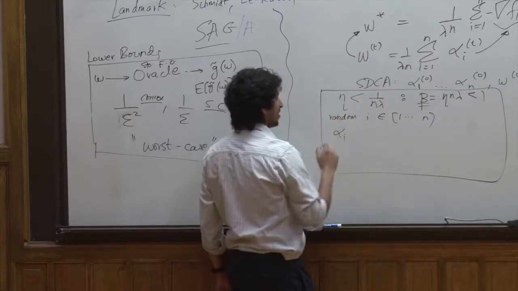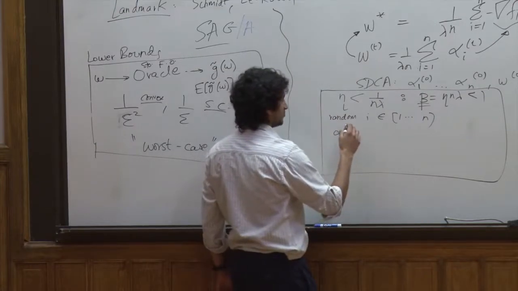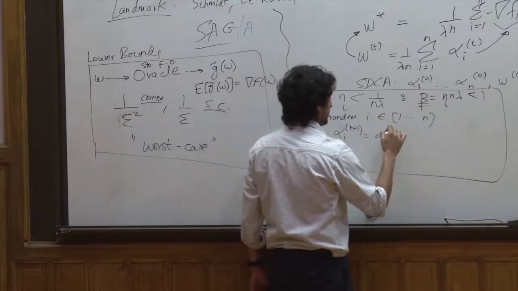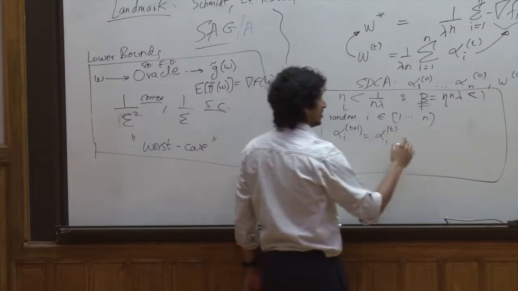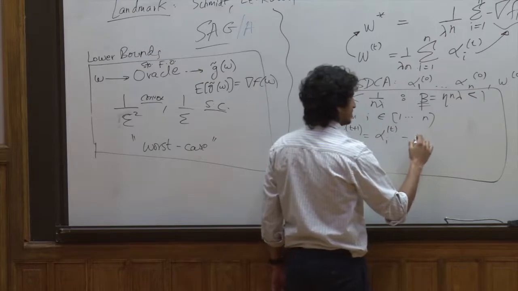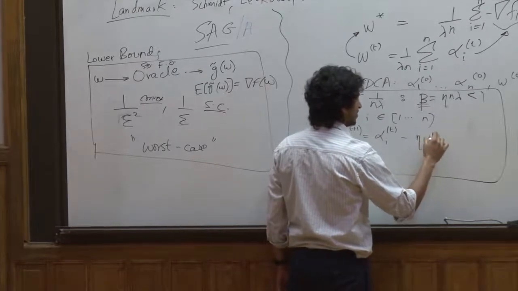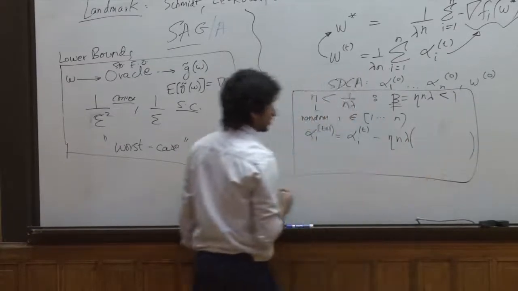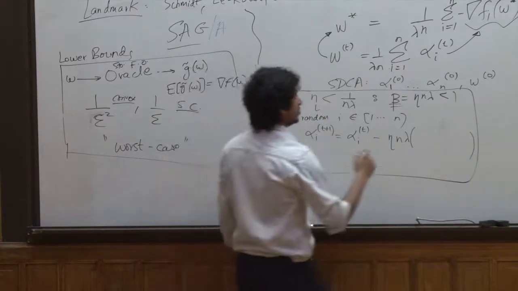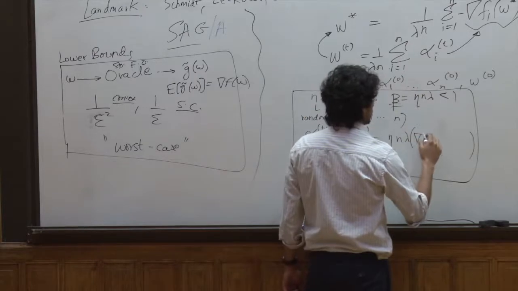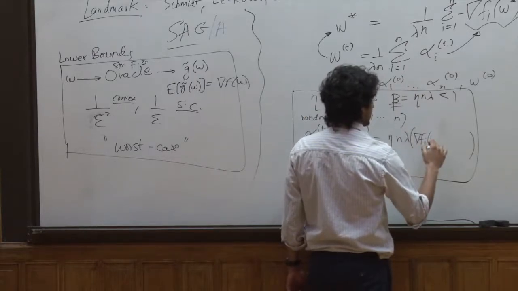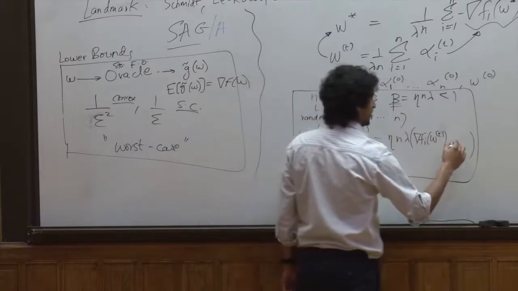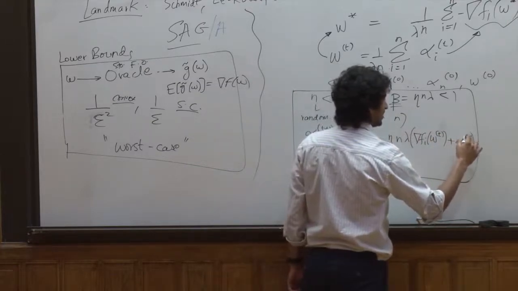Update alpha i at t plus 1 as just alpha i at time step t, minus eta n lambda times the gradient of fi at wt plus alpha i t.